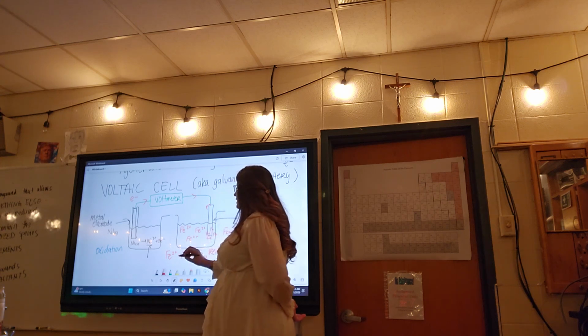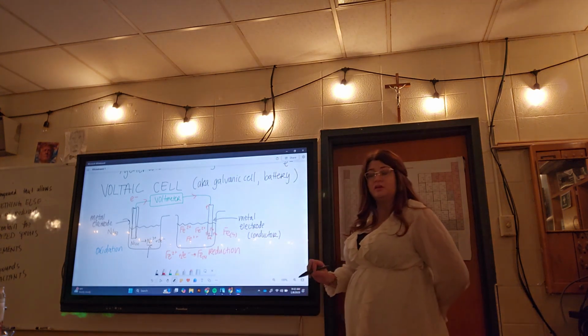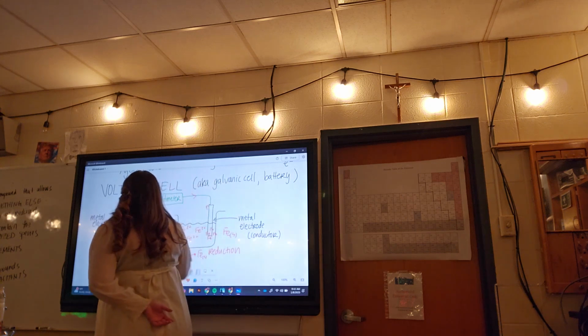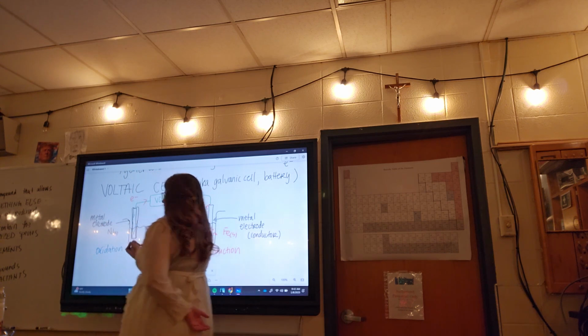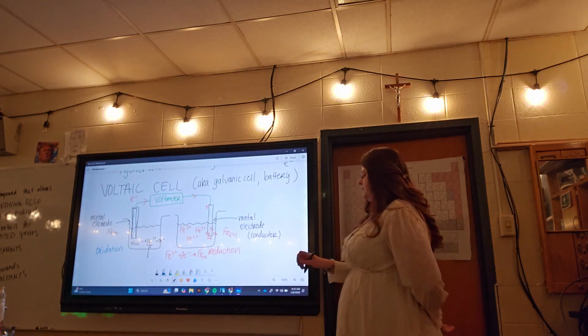Whereas on the oxidation side, you're going to use up some of that metal, and after you look at it again, it'll look like a shriveled up little thing there because you're using it. You're taking those solid particles away.